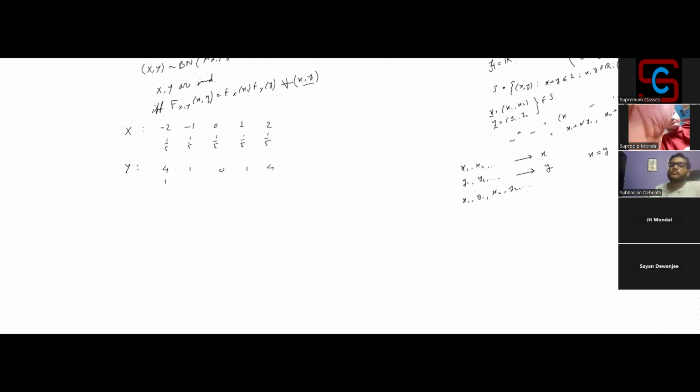Here we can see that there is a perfect relation between x and y, which is y equal to x square. But if we calculate the covariance of x and y, this will come out to be 0.